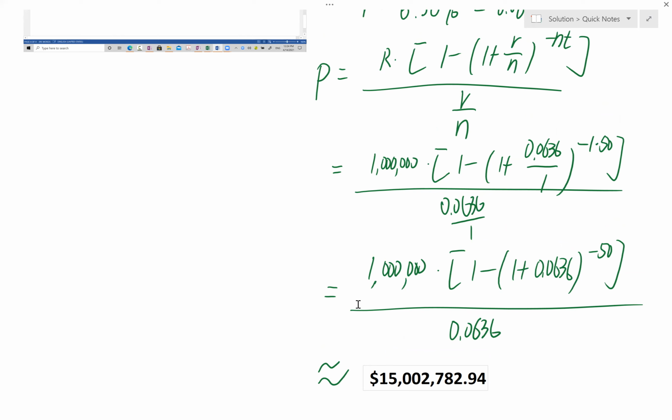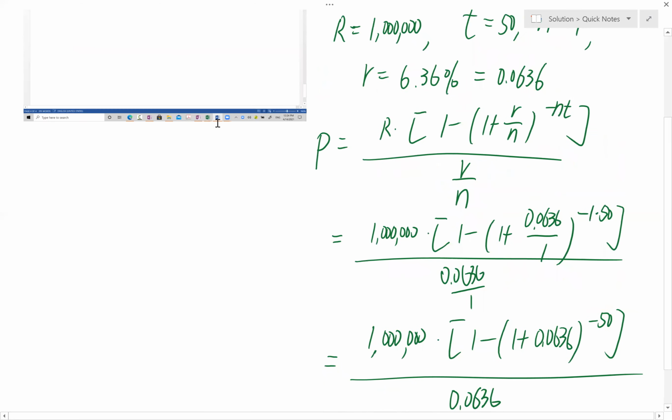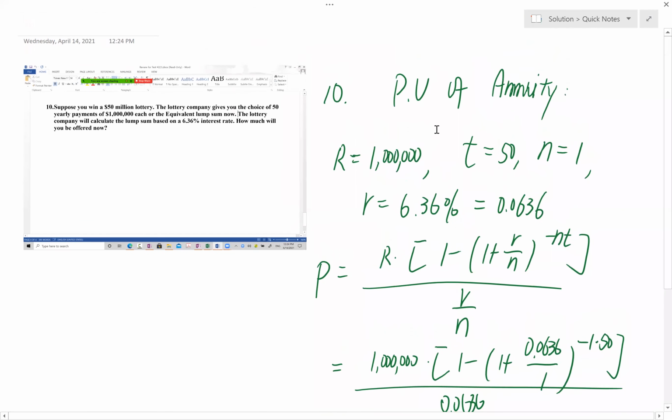You control your own investment strategy, and you may be able to end up with a lot more money compared to 15 million. Okay, so that should give you some idea. If you win a lot of money, from a casino or maybe from the lottery companies, that's how you handle this situation. All right, and that's pretty much everything in your review sheet.